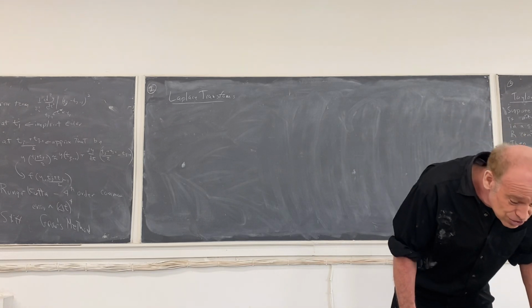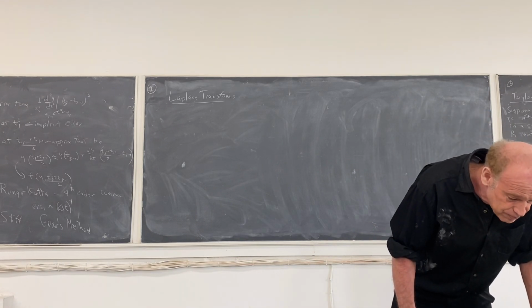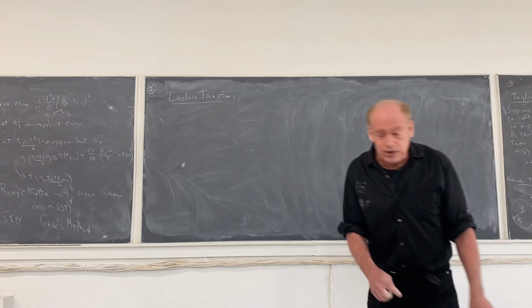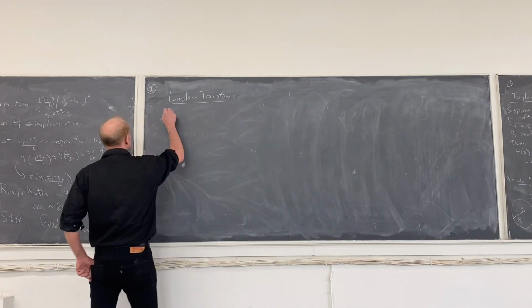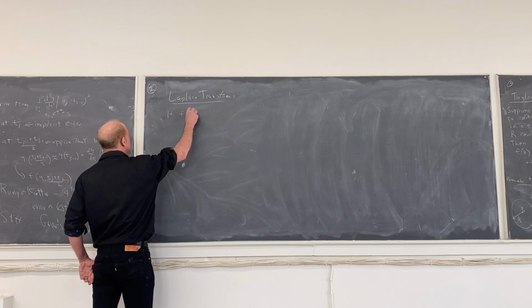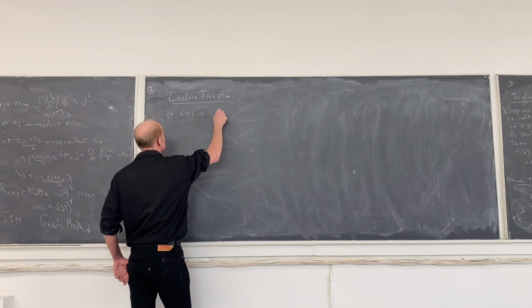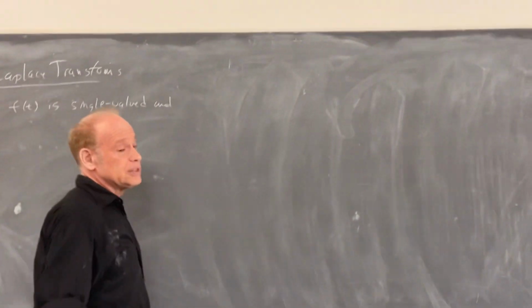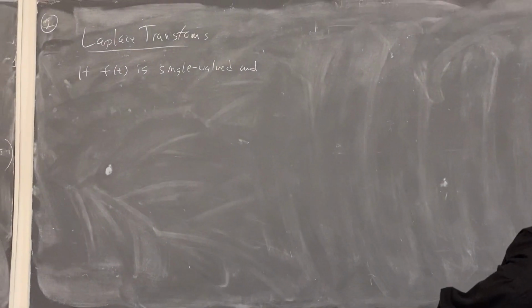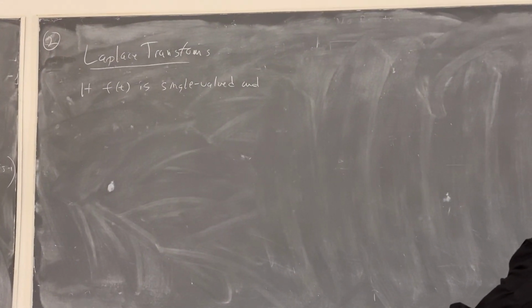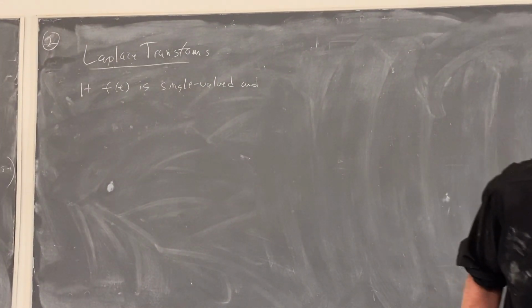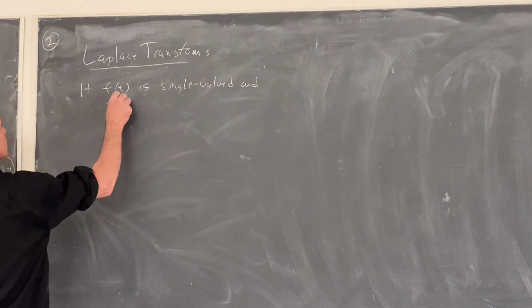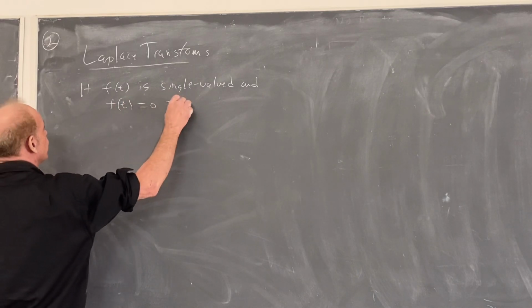And so let me define for you what a Laplace transform is. If f of t is single valued for t, and let's make it simple, f of t equals 0 for t less than 0.